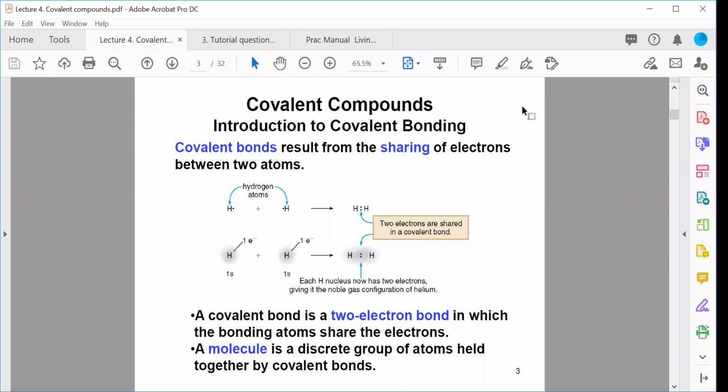All right, so covalent bonds result from the sharing of electrons between two atoms. And remember, that is very different to the ionic bonds that we talked about last week, where the ionic bonds come about from loss of one or more electrons and gain of one or more electrons by another atom, and this confers charges to those atoms.